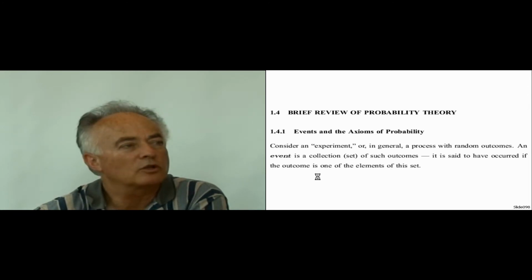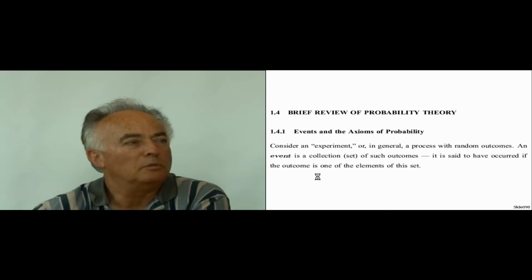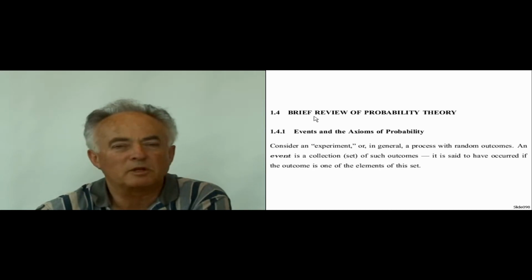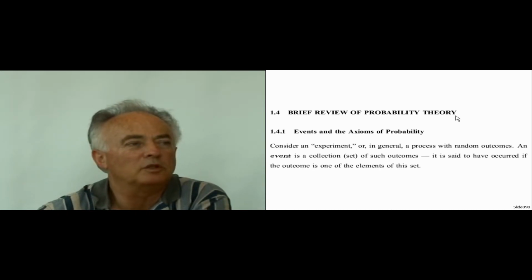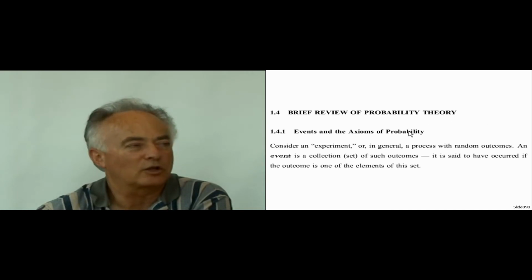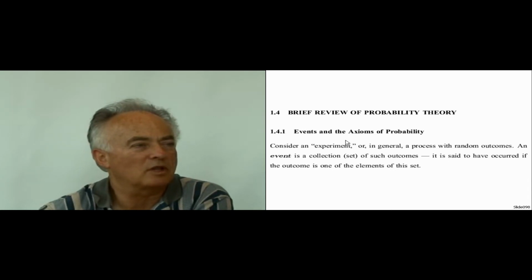The continuation now will be a brief review of probability theory, from which we need a little bit more, so we'll take a few additional lectures. I think it's beneficial to start probability from the basic definition, which starts with events and the axioms of probability.